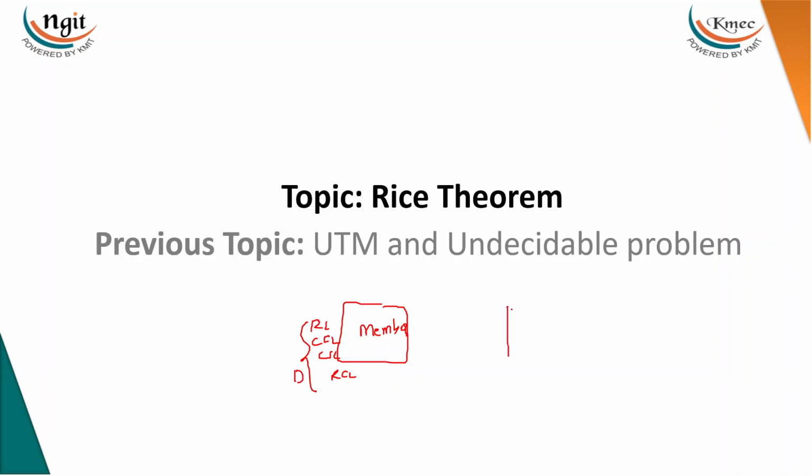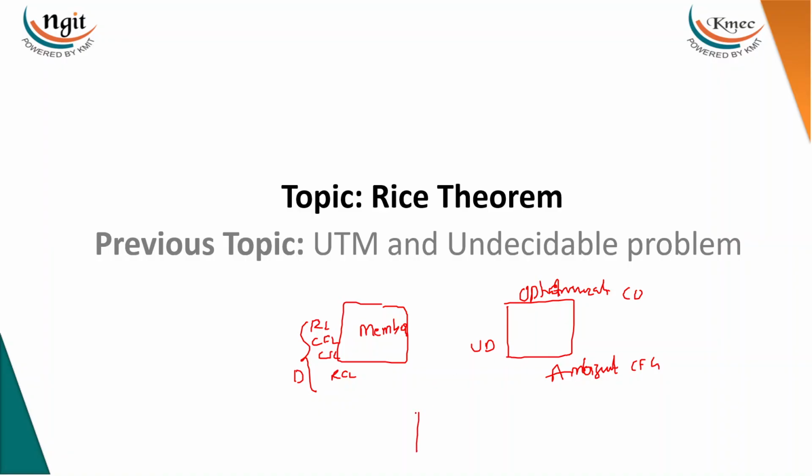Then some problems are undecidable, like code optimization in compiler design and ambiguity in context-free grammar. To prove that these are undecidable, we have to consider some characteristics or properties.